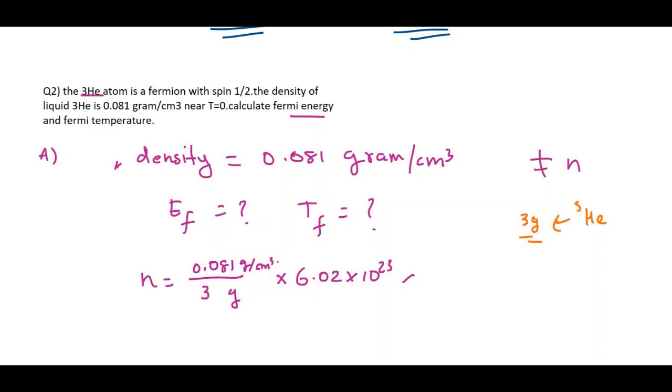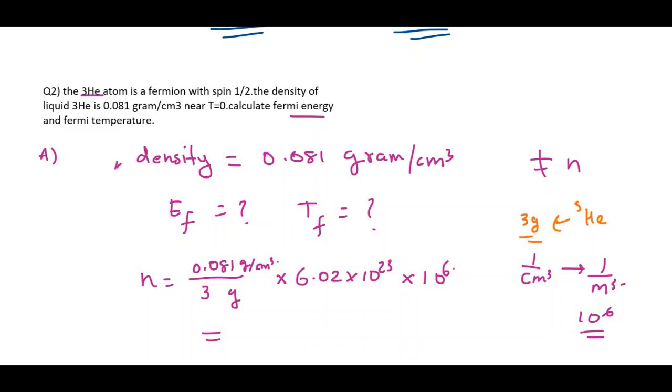Also now the last task is we need to convert 1 by centimeter cube into 1 by meter cube. For that we need to multiply with 10 power 6. Just use your calculator and find it.